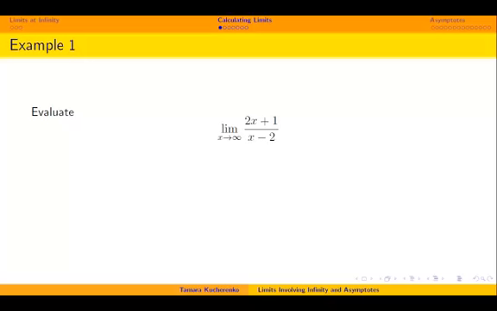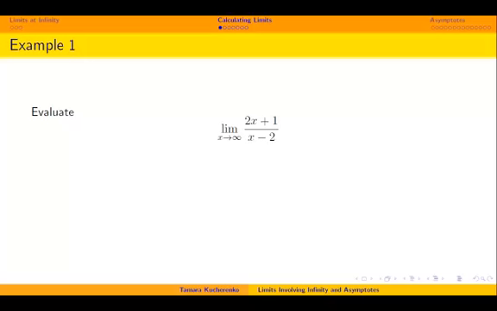We can think of this as a competition between the numerator and the denominator. Both are getting larger and larger, and the question is, does one of them outstrip the other? Or do they stay about even as they get larger?